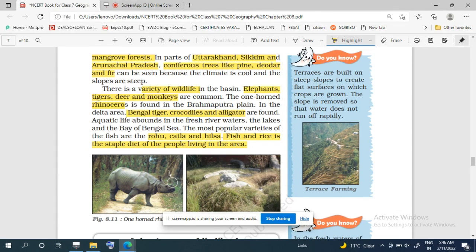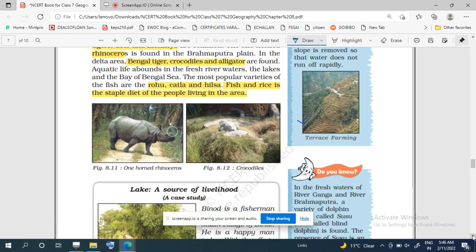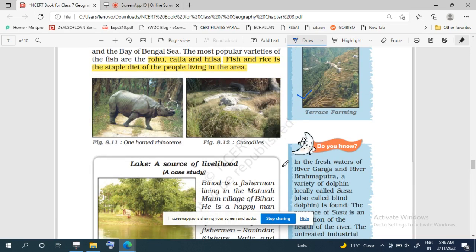And this is the picture of terrace farming. And then this is the one-horned rhinoceros. The crocodile is also there. Yeah, this is the crocodile.